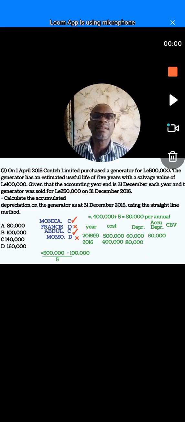So the accumulated depreciation, which is what we're asked to find, is 180. We're not asked to calculate the book value, so that is why we just calculate the accumulated depreciation for the second year.